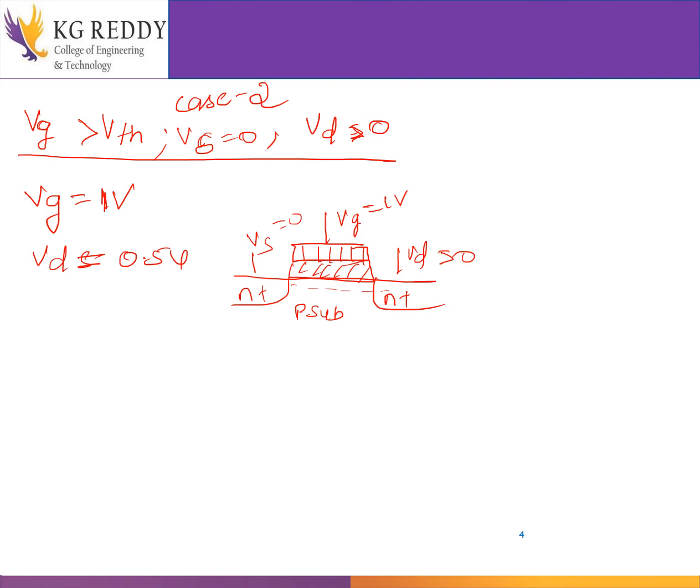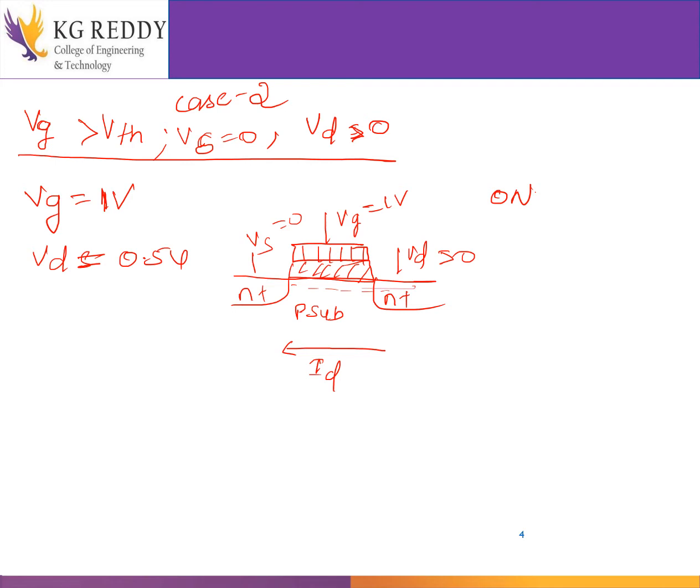Now we said that a positive current is flowing here, this is ID. There is a voltage difference, the device is on, and there is a change in the channel voltage.